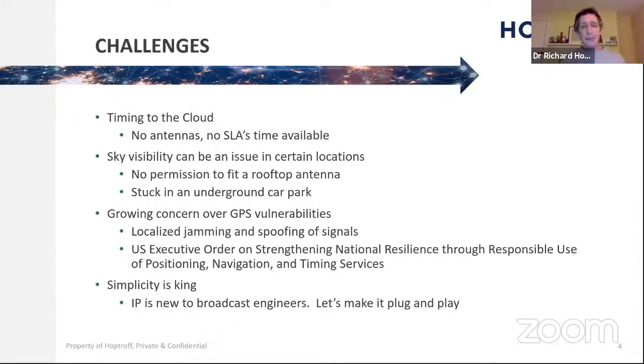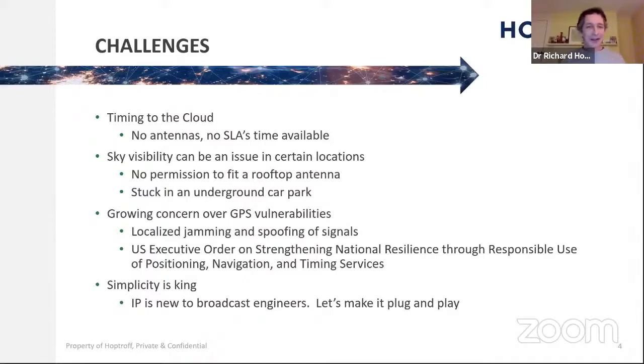There is a growing concern about GPS vulnerabilities. Maybe this is more for critical national infrastructure, but it's becoming increasingly common for jamming and spoofing of GPS, which is a very weak signal, to occur. Most notoriously, a GPS system will never work wherever Vladimir Putin is.